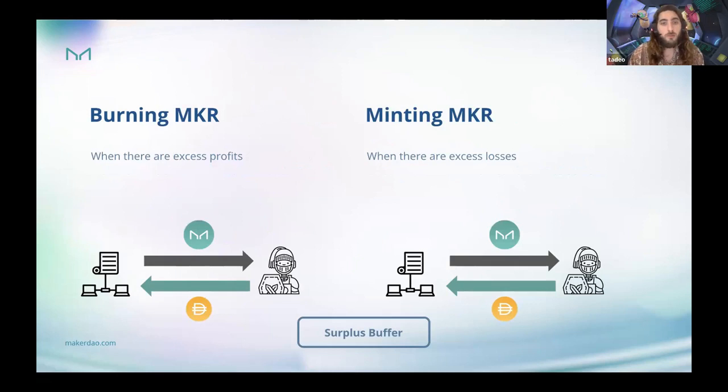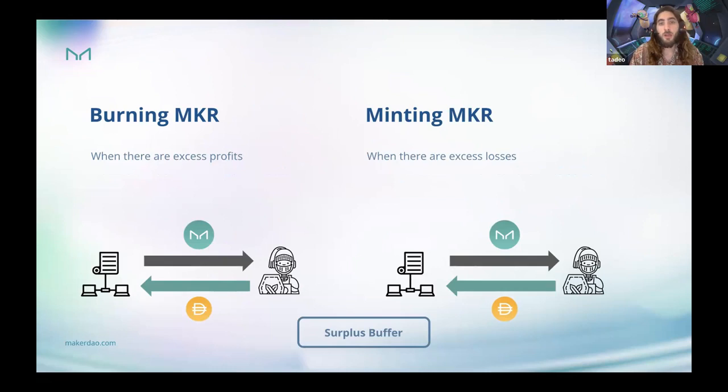Mechanisms that we have on top of this, we could call last resort mechanisms or fail safes. We essentially have our own governance token called MKR that mediates the value of DAI.